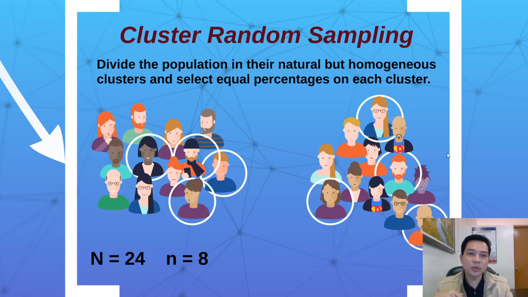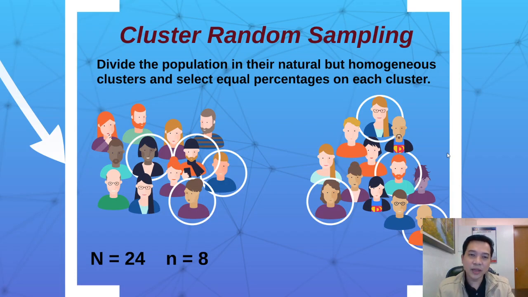A natural clustering would be north, east, west, south schools, or grade 7, grade 8, grade 9, grade 10 students. And out of that, you try to select your sample equally. So from these two groups, the researcher could select 4 out of the first group and another 4 from the second. So that's cluster random sampling.